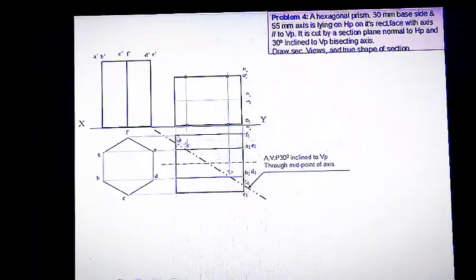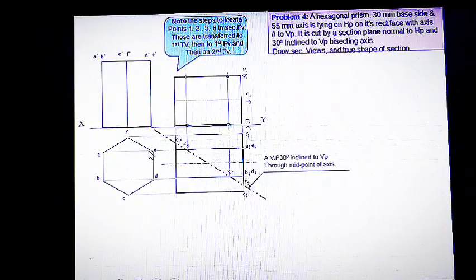So for getting this distance, we have to project this intersecting point to the first plane. So draw the horizontal projectors like this to the first plane from point 1 and 2 and 5 and 6. Get these intersecting points in the first plane. Draw the vertical projectors from these intersecting points and get the corresponding points in the elevation.